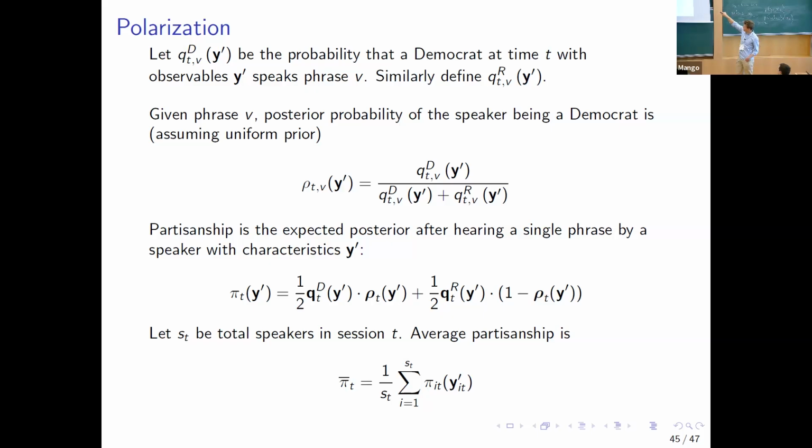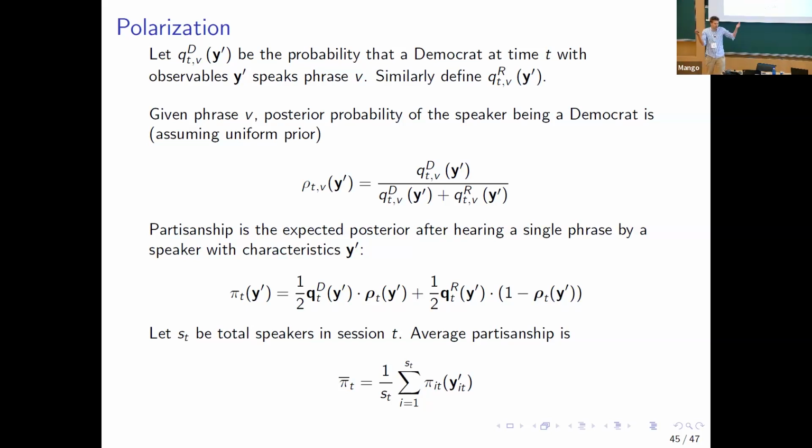What's the posterior distribution you would attach to somebody being a Democrat in time t, given a single word? Well, I see that your word is V. There's 500,000 bigrams, and you speak one of them. I'm then going to go to the estimated statistical model, which tells me the probability that a Democrat speaks term V at time t.